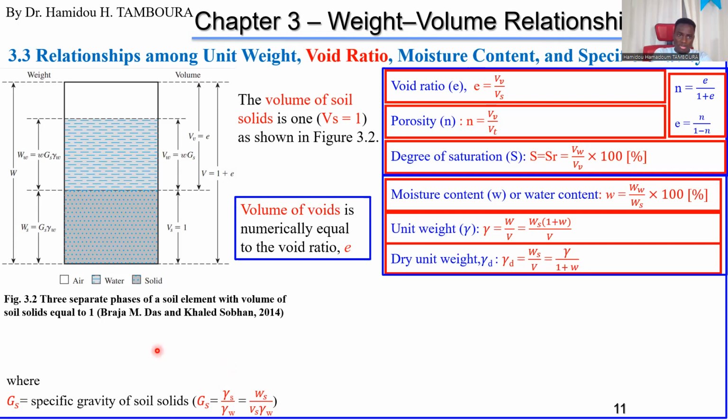In that case, we can consider this: the unit weight of the solid will be the specific gravity of the soil multiplied by the unit weight of water. Okay, you can obtain this from here if you want.